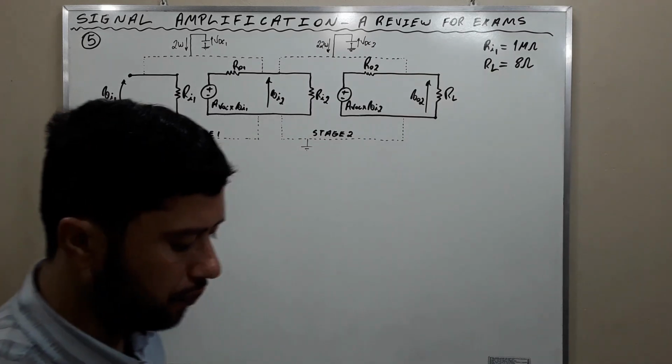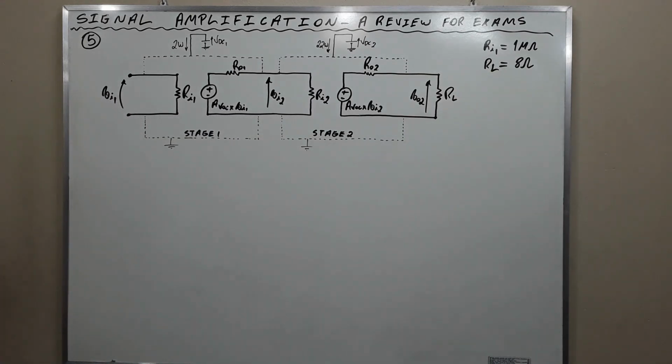Exercise number 5. 2 amplifiers are cascaded. The first has a supply power of 2 watts, an input resistance of 1 mega ohms, and an input voltage of 2 millivolts RMS.